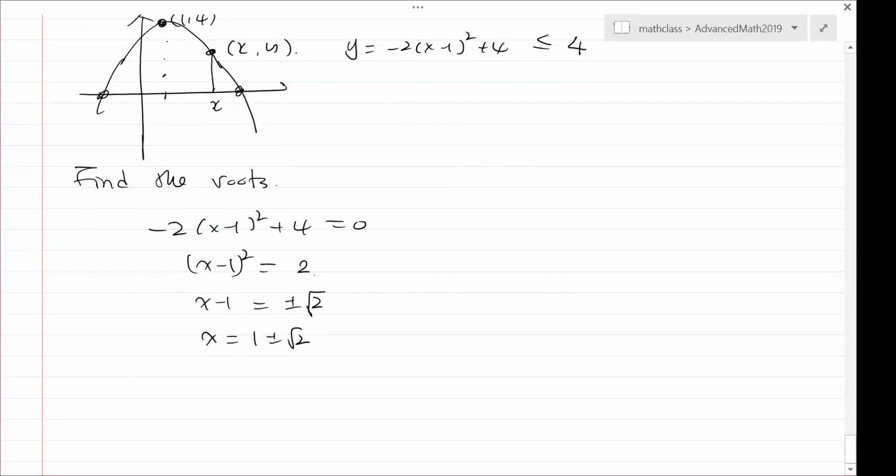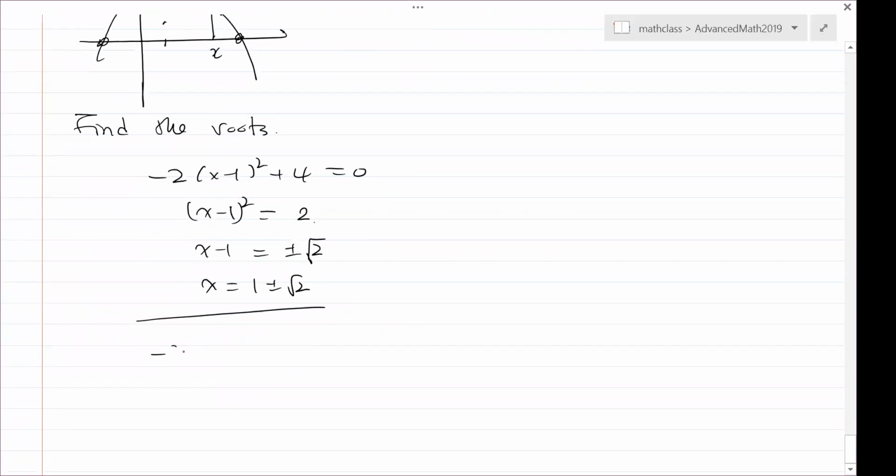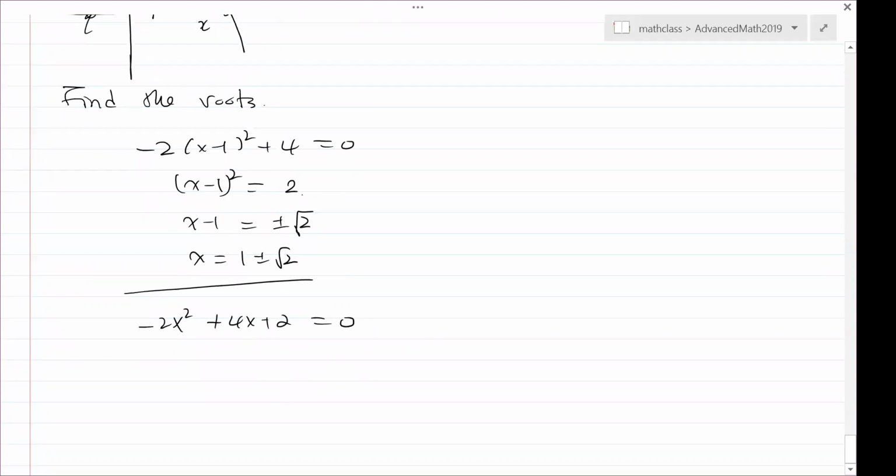But you can also use the quadratic formula to find the roots. Suppose you have 2x squared plus 4x minus 2 equals 0 and you're not given the standard form. Then what is the best way to do it?